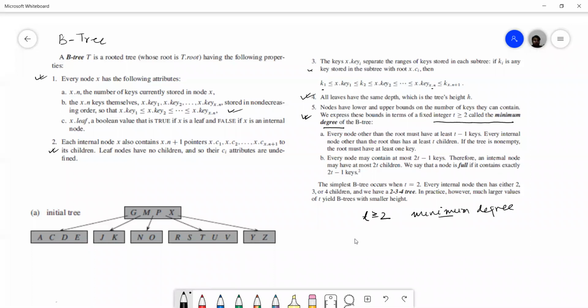So obviously when we are saying minimum, then there will be some maximum also. What is the meaning of this? In general, if t is greater than or equal to 2, then minimum key is equal to m minus 1.